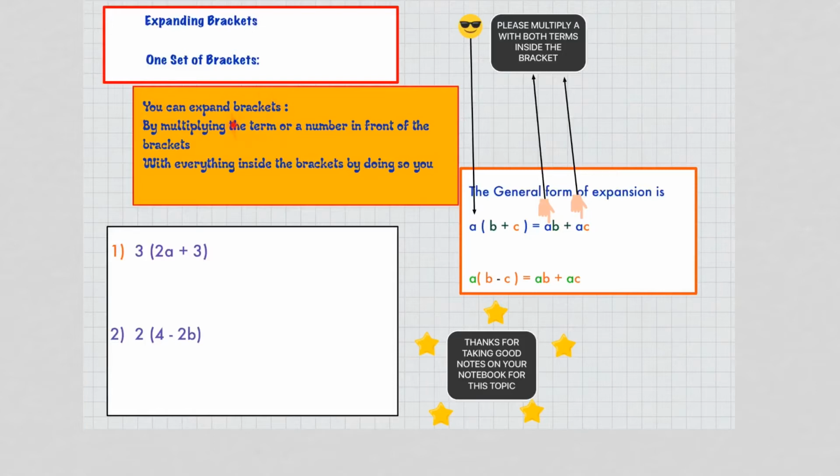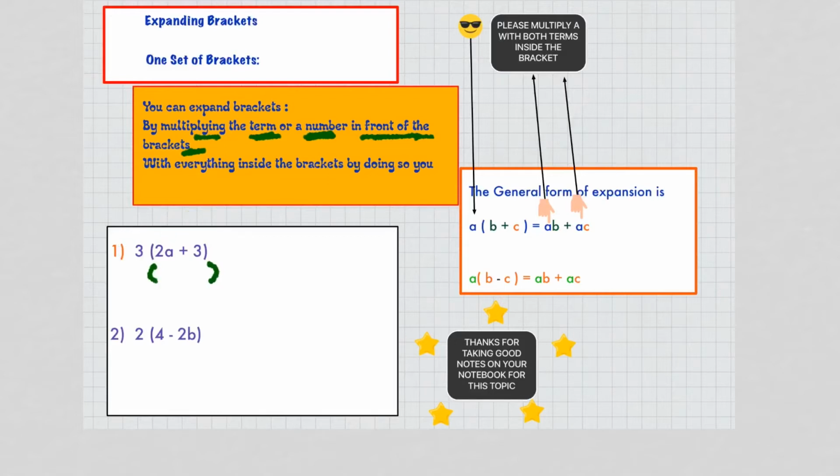You can expand brackets by multiplying the term or a number in front of the brackets. So this is a bracket, and the way to expand is you multiply the term or number in front of the brackets.